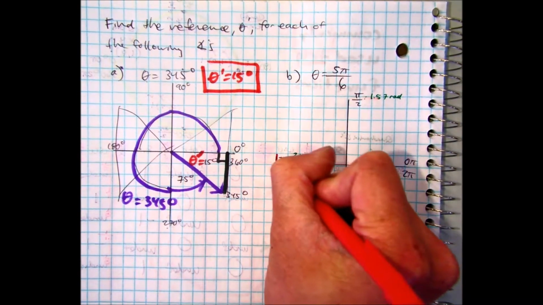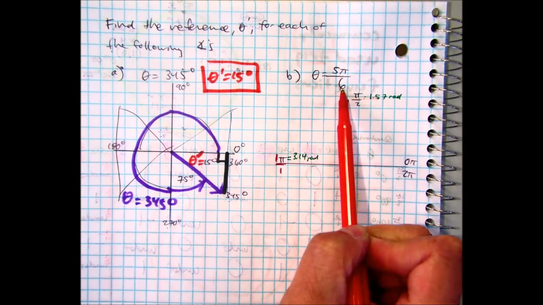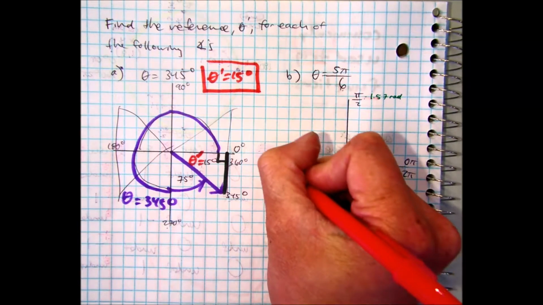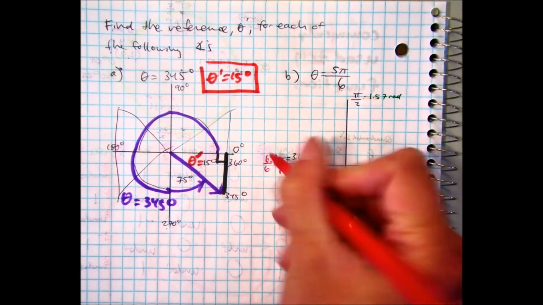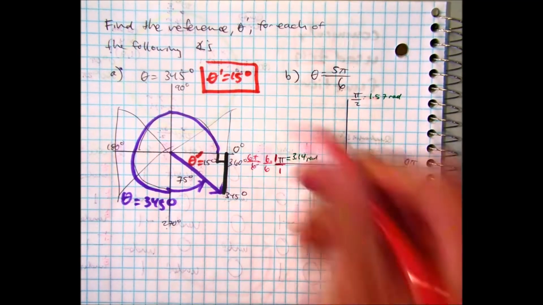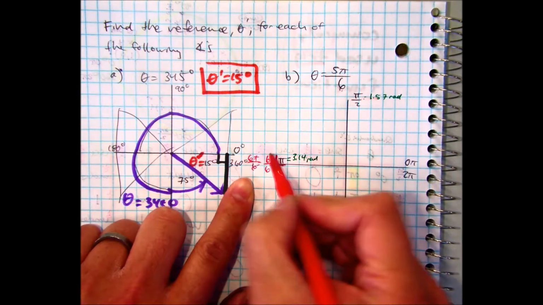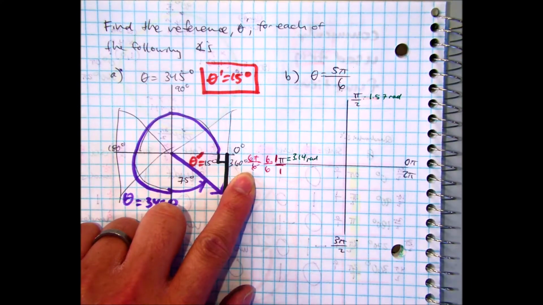Put it over 1. And look at my denominator. My denominator is 6. So if I multiply by 6 over 6, I'm going to get 6 pi over 6.